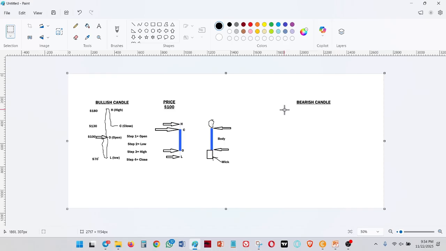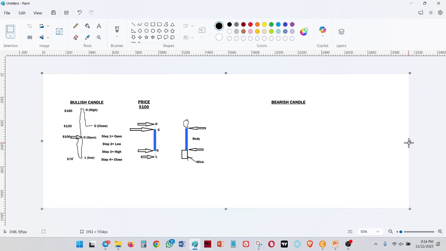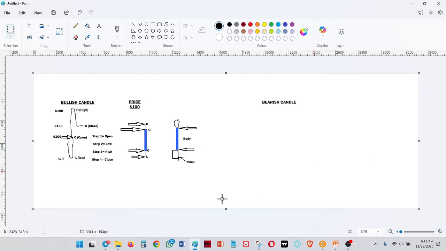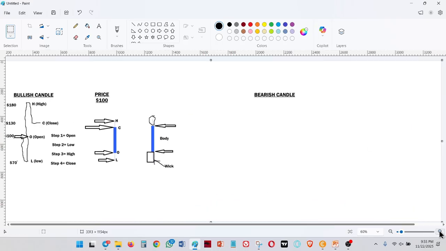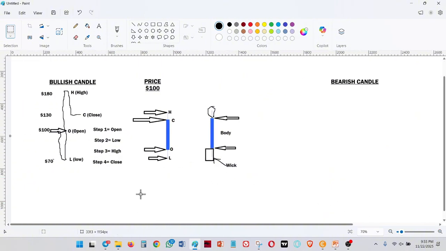Shift, expand. Okay, good. Let's zoom in. So here we go. Now for a bearish candle, the case is different. Now let's sketch that of a bearish candle.